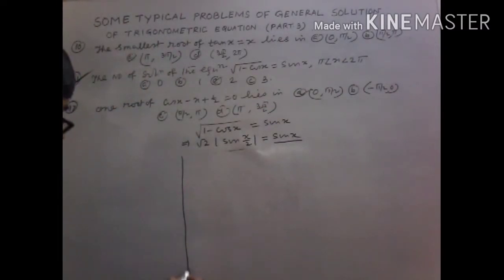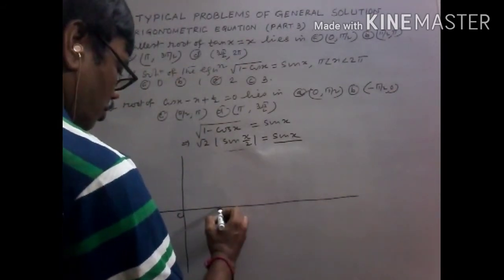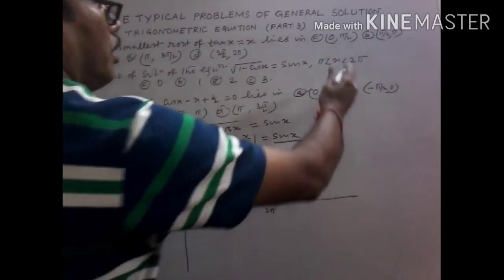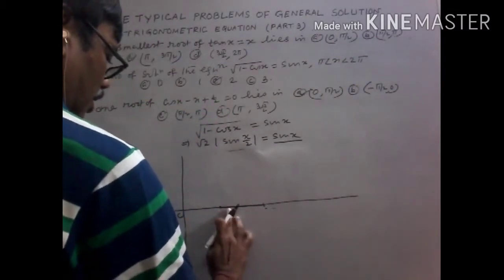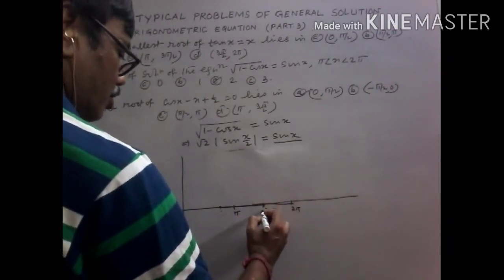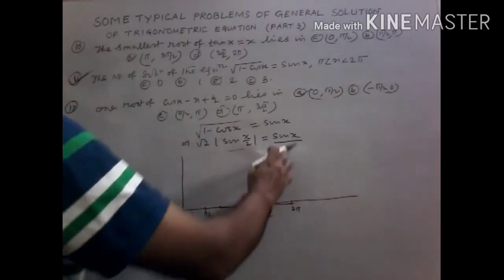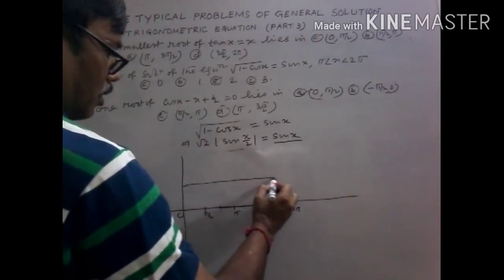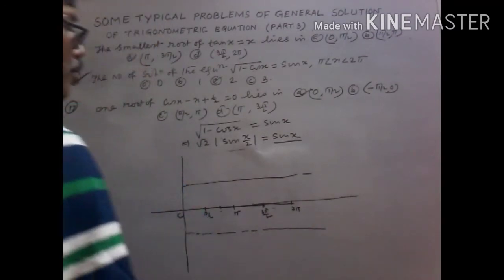So for drawing the graph, look, this is 0, pi, 2 pi. We need pi to 2 pi. Suppose this is pi and this one is 2 pi. This is 3 pi by 2, this is pi by 2. Now the graph of sin x is very simple. Maximum value is 1, minimum value is minus 1.